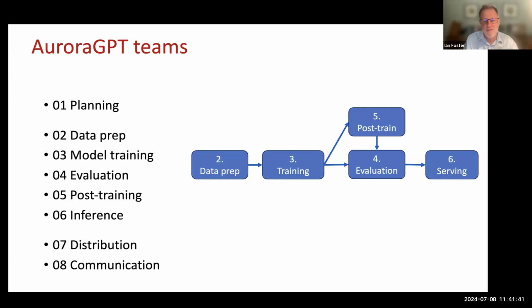There are lots and lots of tests out there, but most of them are intended to see whether the model is biased or whether it can do simple arithmetic. They're not particularly focused on whether a model can help someone engage in discovering a new material, for example. So data preparation and evaluation are the areas where big changes are needed.